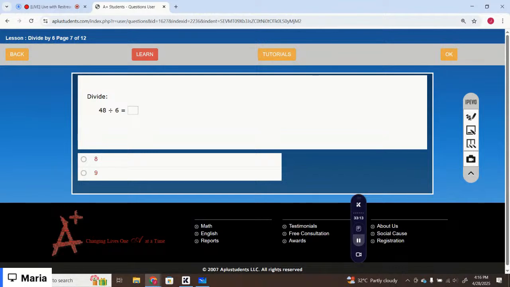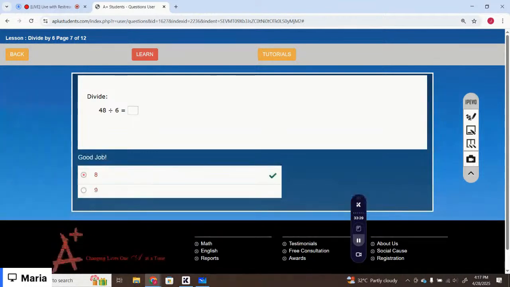The correct option is 8. 48 divided by 6 is 8. The correct option is 8.